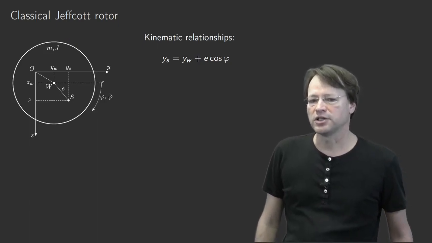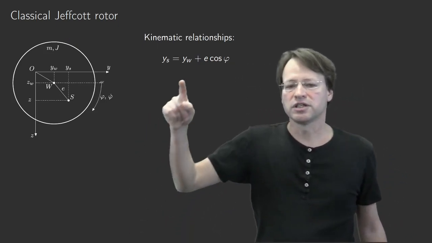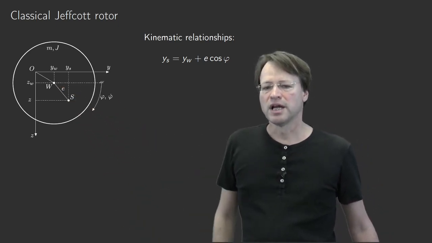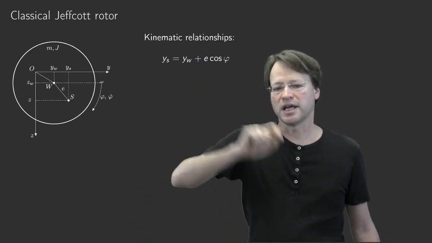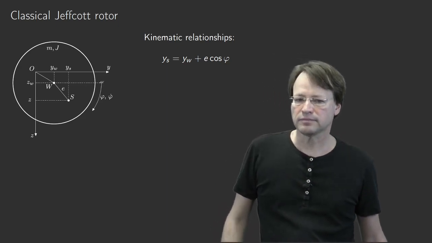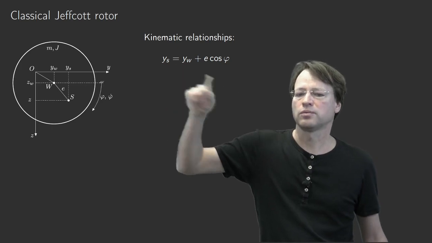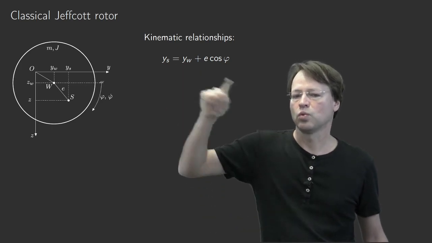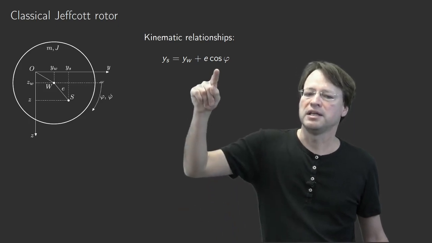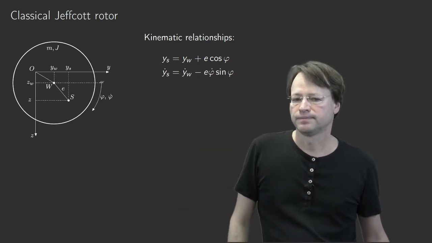So, kinematic relationships. The kinematic relationships relate point S to point W, and as I said, you need an angle here. It's for the moment the angle phi. So the y-coordinate ys is related to the y-coordinate of point W by E cosine phi.